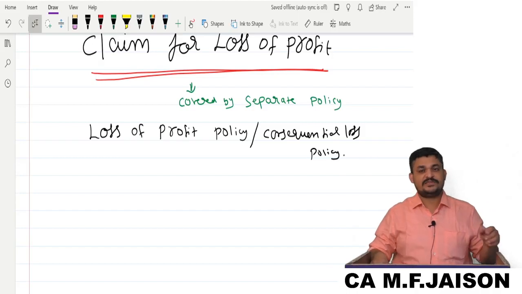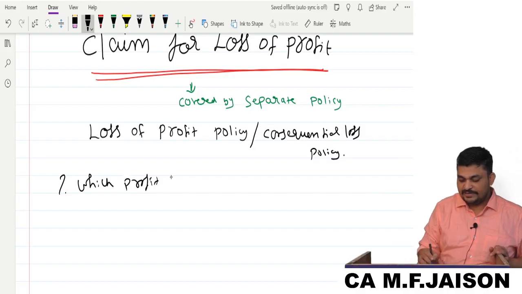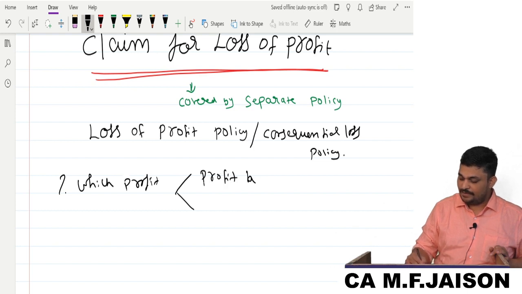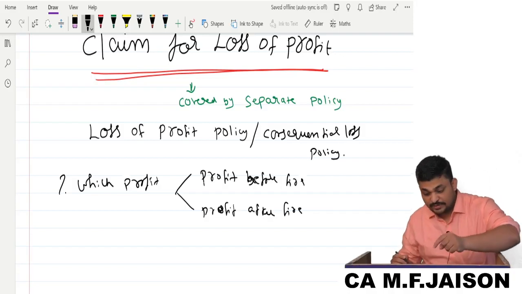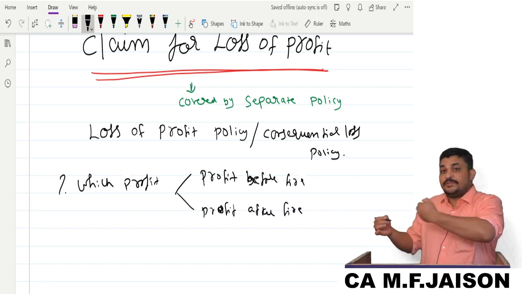My first question was which profit? In the sense, is it the prior profit before fire or the profit after fire? Profit after fire. Through this separate policy, we expect the profit that is getting lost to be compensated.